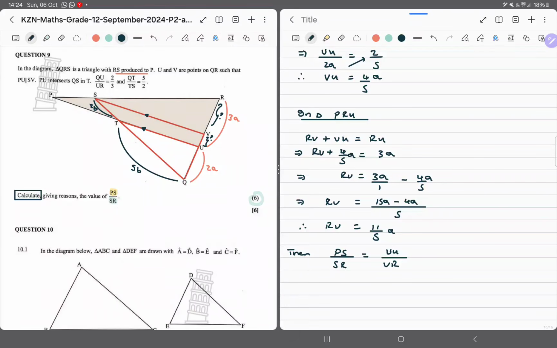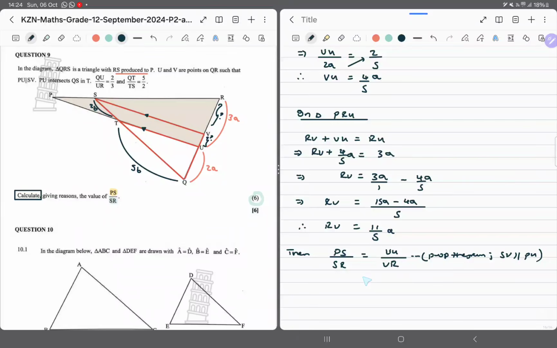Doesn't really matter. RV and VR is the same thing. Again, what is the reason? Prop theorem. State the parallel sides SV parallel to PU. Nice and easy. We're still talking about that triangle.